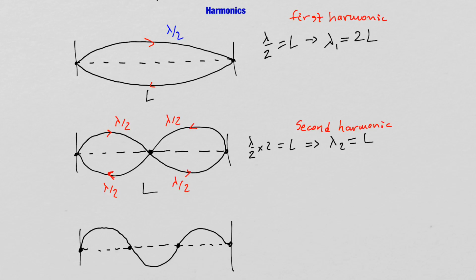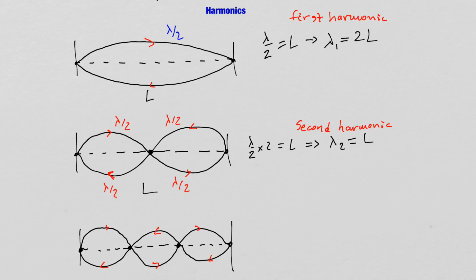So that is the wave that is going down the string, and now after reflection we have the wave going back, and so this is a standing wave pattern.